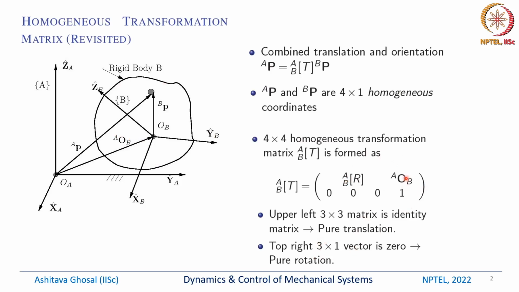If the top 3x1 vector is 0, then it is a pure rotation. So this 4x4 homogeneous transformation matrix represents the position of the origin as well as the rotation of this rigid body with respect to the A coordinate system.